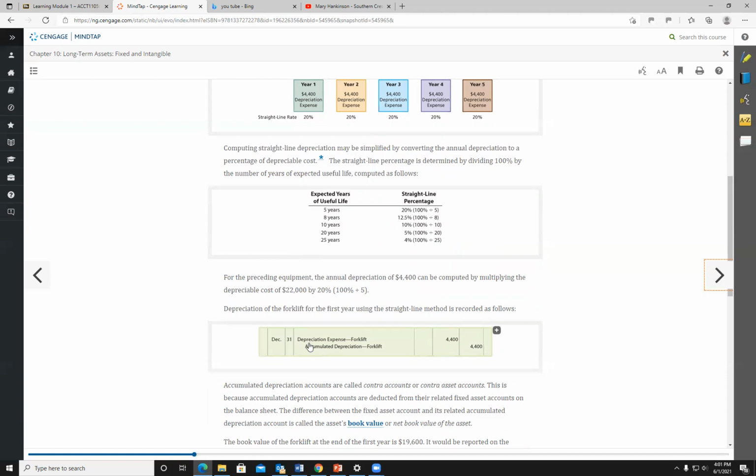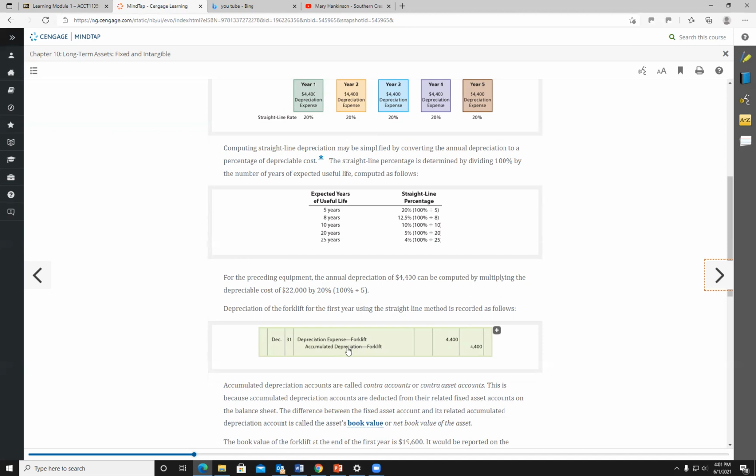Our offsetting entry is accumulated depreciation, the contra asset account that we discussed in Financial Accounting 1. This is actually a balance sheet account that shows up under the asset itself. So you would have the initial value of the asset and then less the accumulated depreciation on the balance sheet.